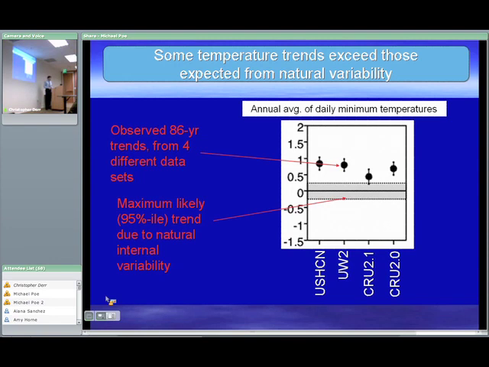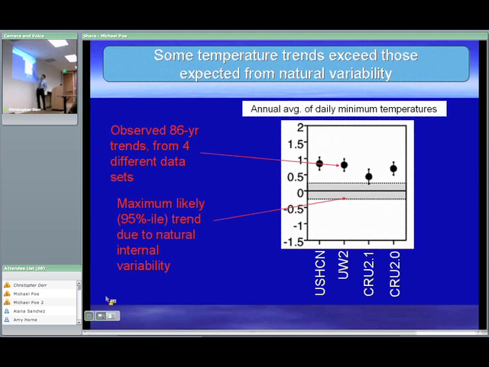So this is just quickly illustrating the result. What we did is we simply compared observed trends during the latter half of the century with what we think is the maximum likely trend due to natural variability. These cryptic names are names of different observational data sets. These dots show the temperature trend during the latter half of the 20th century from each of these 4 different data sets. They don't completely agree, but they all show warming. This one shows less warming than the others.